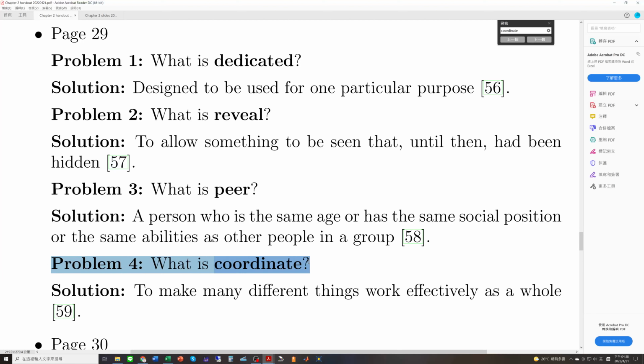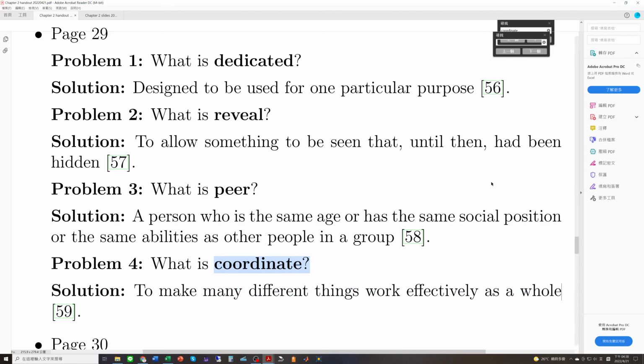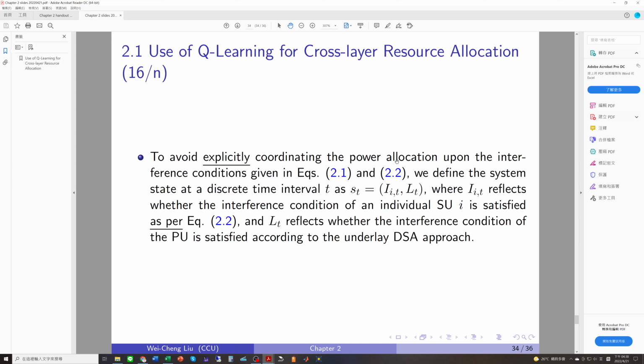What is coordinate? Solution: to make many different things work effectively as a whole. Okay, let us go back to the slides, page 34. Coordinating the power allocation upon the interference conditions given in equations 2.1.